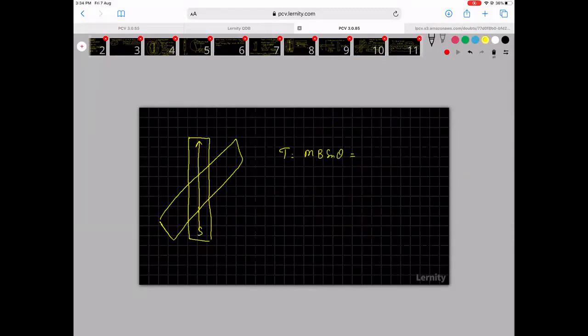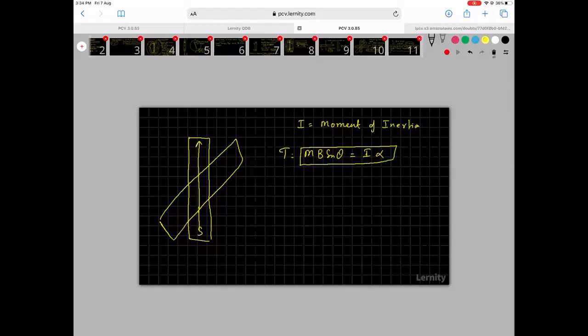So this is equal to I into alpha, I for moment of inertia. So if I is the moment of inertia, then mB sine theta is equal to I into alpha.